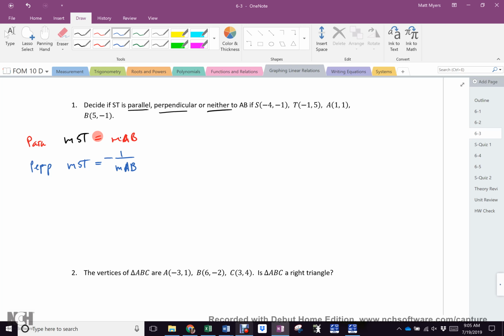So what is the slope of ST? What's it equal? Again, if you write it down, you can't do it wrong.